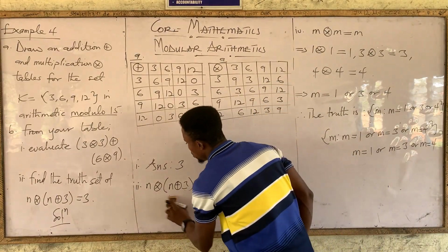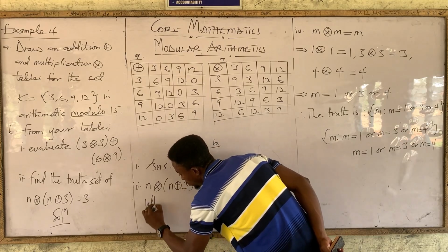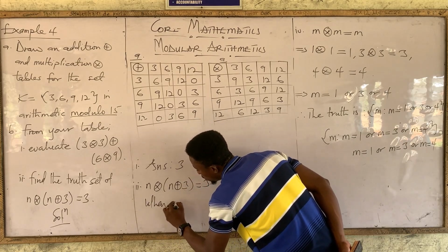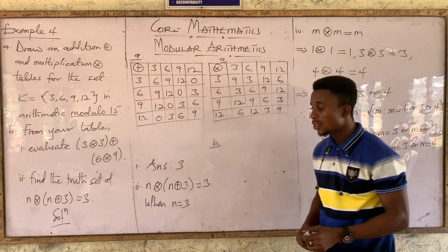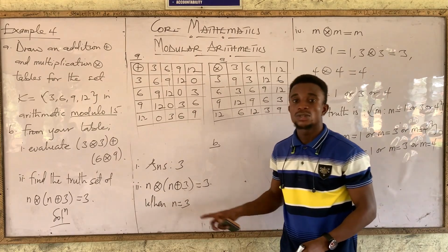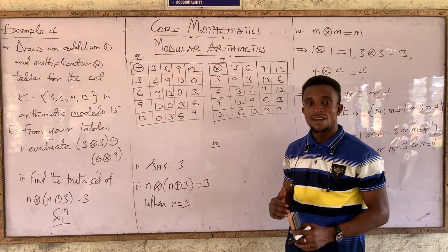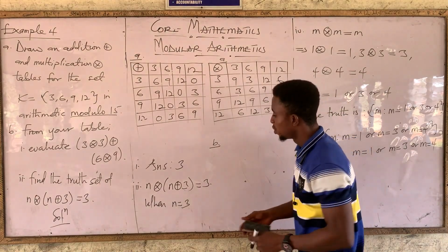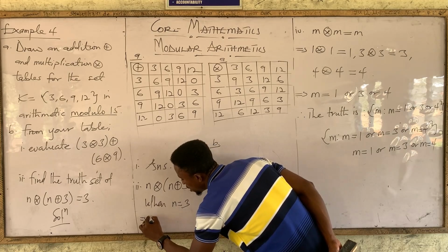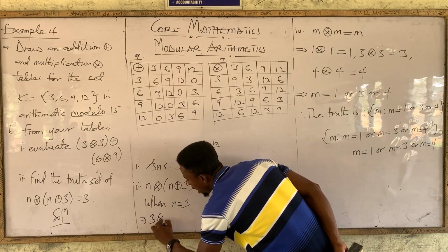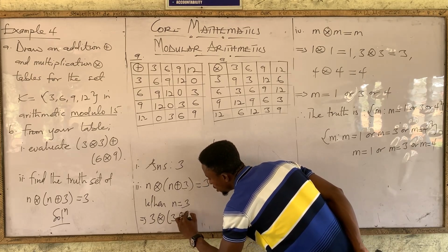This is what we are going to be doing. So picking the numbers, we are going to say when n is equal to 3. Then you put 3 inside this machine to check. Then you come to when n is equal to the next one, so that everything will be simple. Are we okay? So this implies that I'll have 3 times, then 3 plus 3.